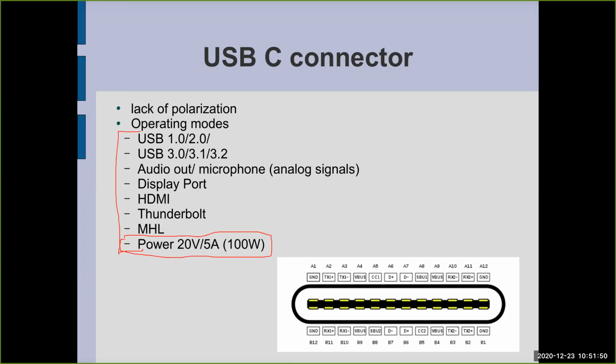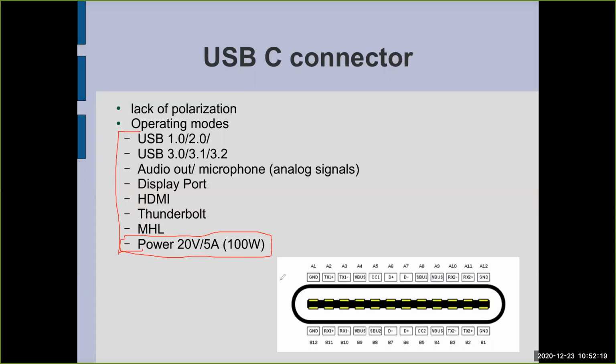In the case of USB, we were able to source up to 500 milliamps of current, so about 10 watts. Here we have 100 watts, so 5 amps. Regarding the size of this plug, it's really very impressive.